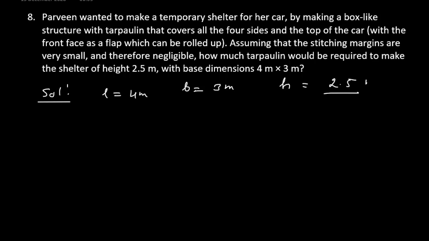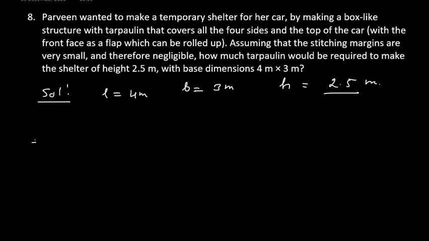Now when I make the shelter, it will cover the four sides, it will cover the top, but at the bottom, okay, no tarpaulin, as it is the ground itself, right? So I have to find how much tarpaulin.